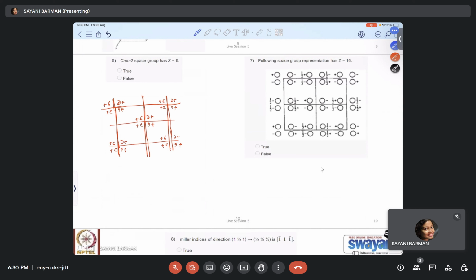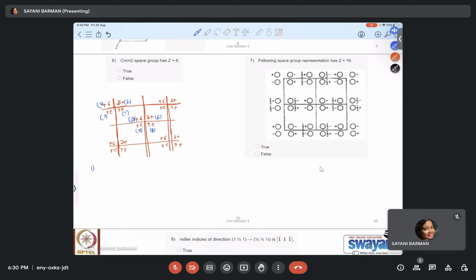So let's count inside the unit cell only. For the C center one, you can see this is 1, this is 2, this is 3, this is 4. Okay, and just first detect the primitive ones, the corner ones. So this is 1, this is 2, this is 3, this is 4. Right. And here for C centering, it is 5, 6, 7, 8.